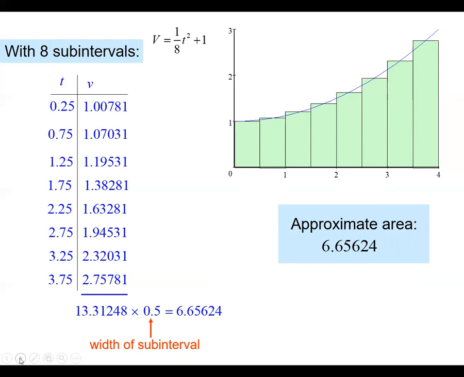Now, eventually we're going to get to the point where we're going to try to figure out the exact area under the curve. How would I think I would do that? Well, to get more and more exact, I would want skinnier and skinnier rectangles. In fact, I would want the number of rectangles to approach infinity, or the width of the rectangles to approach 0. That is going to be our way of actually calculating the exact area under the curve.